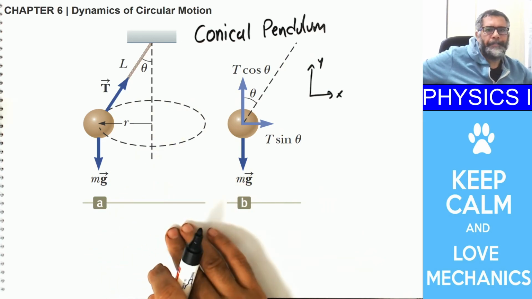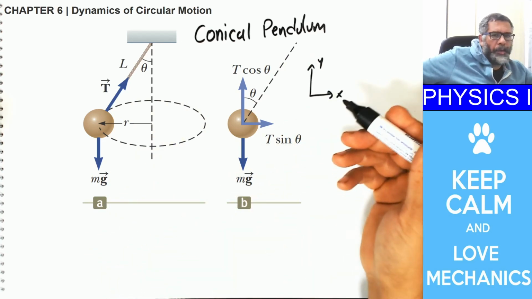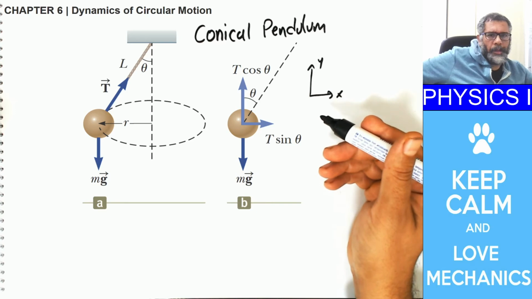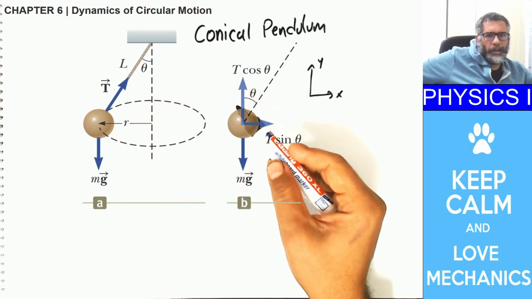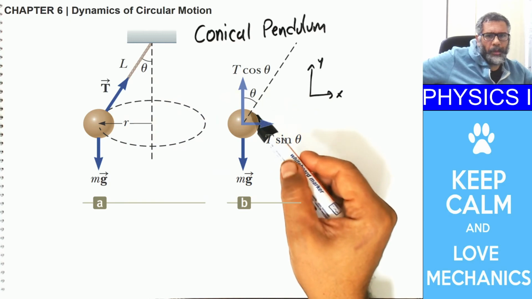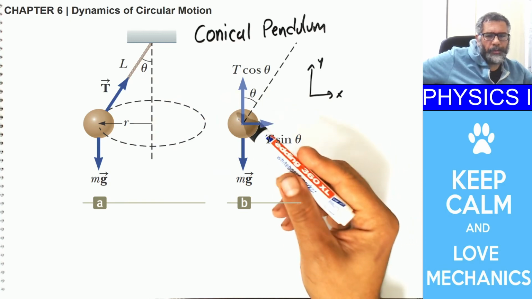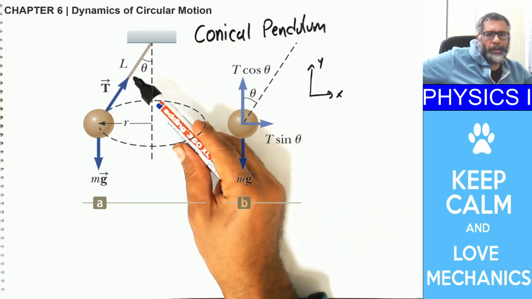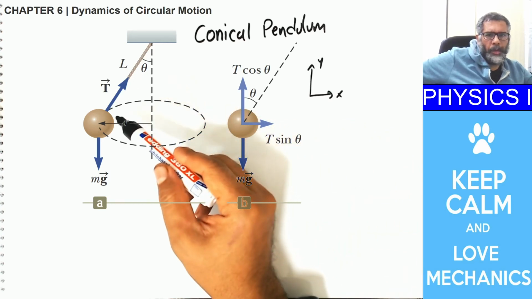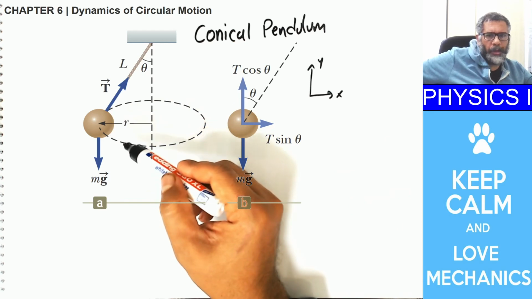At any point during this motion, the magnitude of these vertical components is not going to change, because theta is not going to change, although the object will circulate.